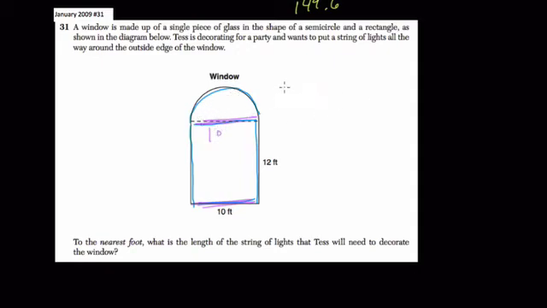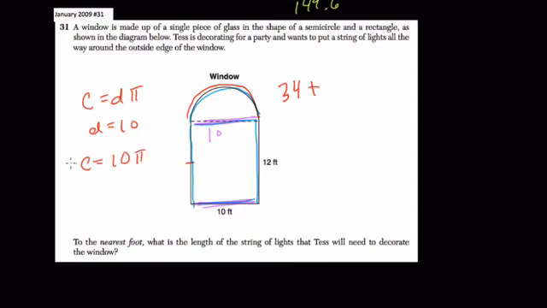So the perimeter would involve the rectangle perimeter, which is 12 and 12 and 10, so 34, plus this half circumference. Circumference equals diameter times pi. Our diameter is 10, so the circumference of a full circle will be 10 pi.